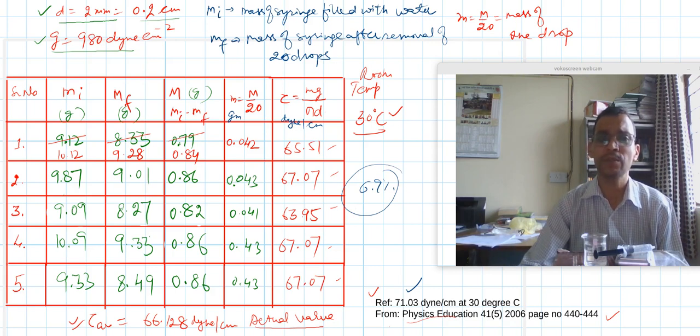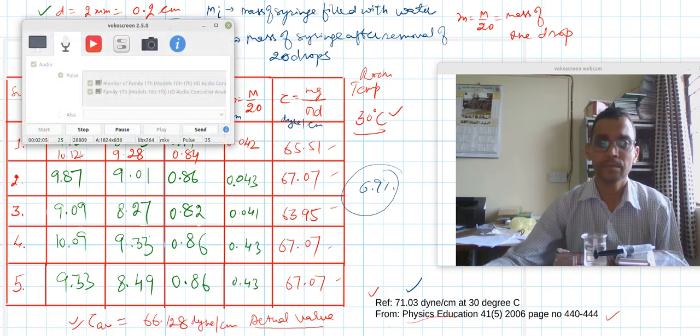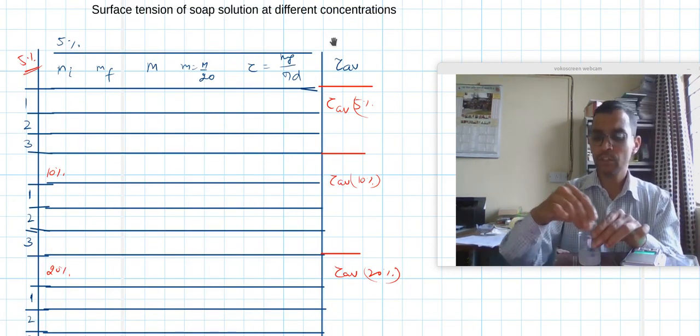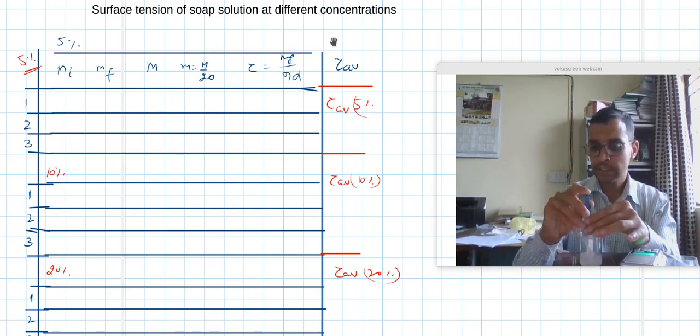Now, in the second part, I will perform the same experiment with soap solution of different concentrations. So let me do that experiment now for you. I have made a 5% soap solution, and I will repeat the same experiment with it.